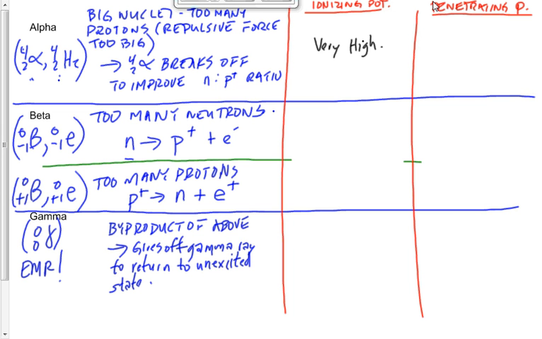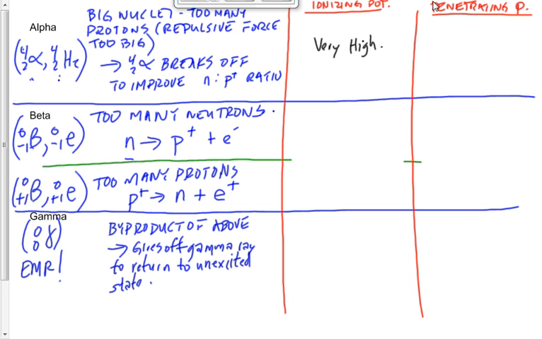This is not something that you want to mess with. They have the ability to ionize atoms to a very, very high degree, which means that you can change lots of atoms into ions and then crazy things start happening.